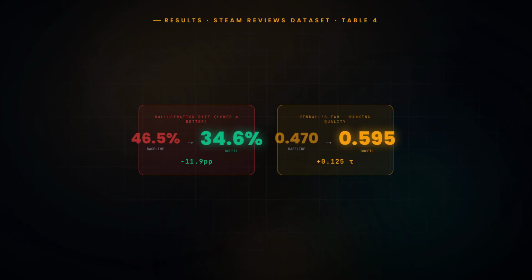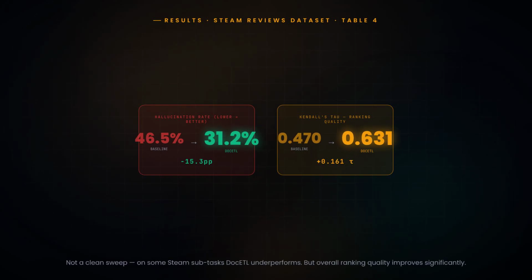On Steam game reviews, temporal analysis of documents exceeding context windows, the optimizer added gleaning specifically to catch temporal ordering errors. Hallucination rate dropped 33 percentage points, from 46.5% to 31.2%. Kendall's tau on chronological ordering improved from 0.47 to 0.63.